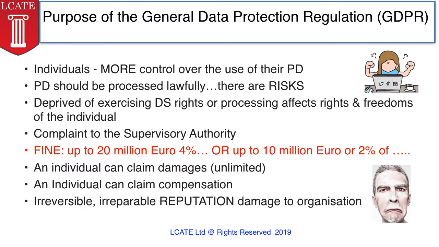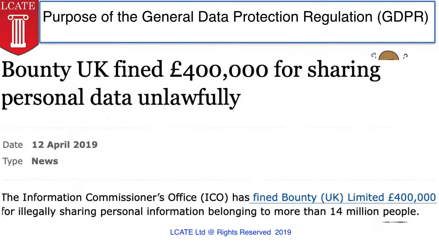They'll be reluctant to actually give their personal data to an organisation that's been fined. So let's have a look at one example here. Here, the ICO fined Bounty UK Limited £400,000 for illegally sharing personal information belonging to more than 14 million people.